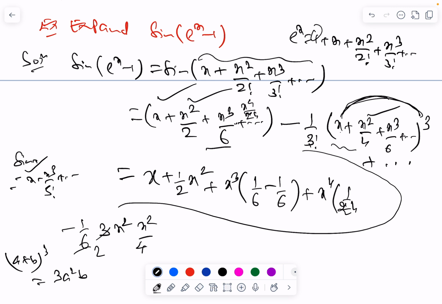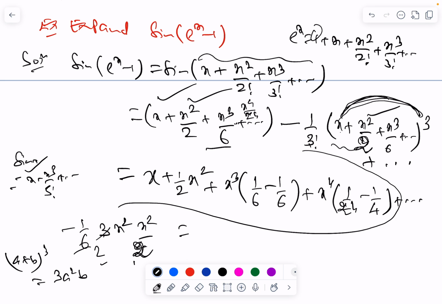So minus 1 by 6 times 3, then a square, so x square, and b, x square by 2, since it is 2 factorial. So 3 times 1 by 6, 2 and 2, 4. So 1 by 24 minus 1 by 4, plus and so on.